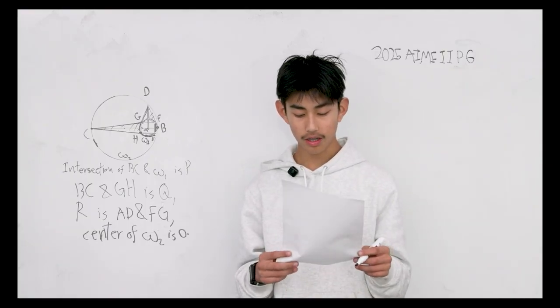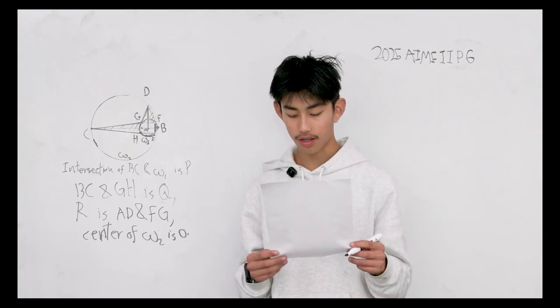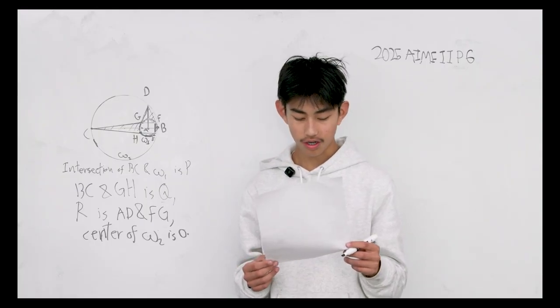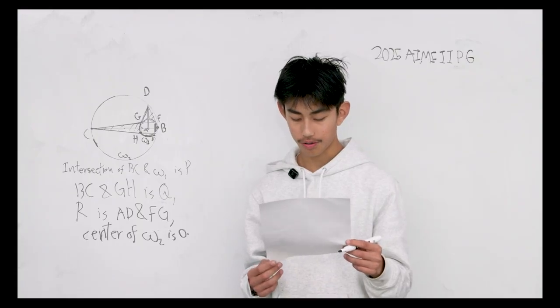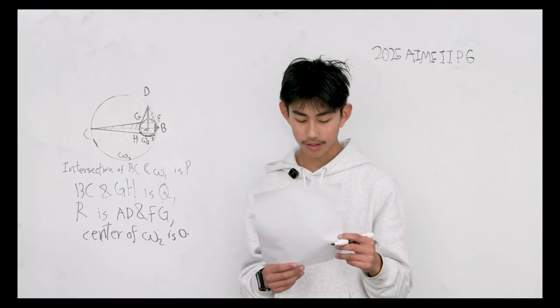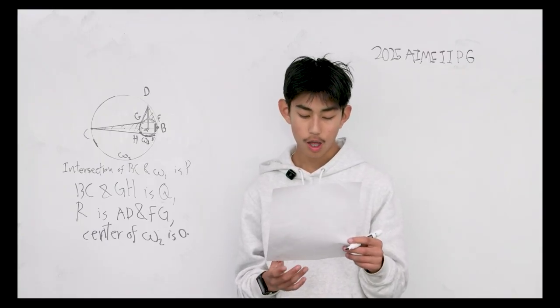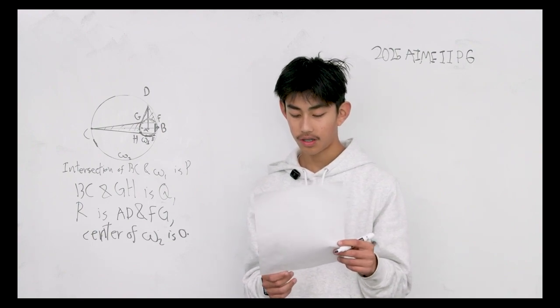The rectangle EFGH is inscribed in omega 1 such that EF is perpendicular to BC, C is closer to GH than EF, and D is closer to FG than EH as shown. Triangles DGF and CHG have equal areas. The area of rectangle EFGH is m over n, where m and n are relatively prime positive integers.